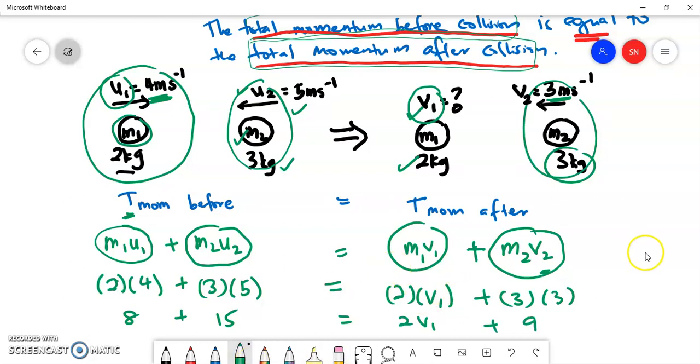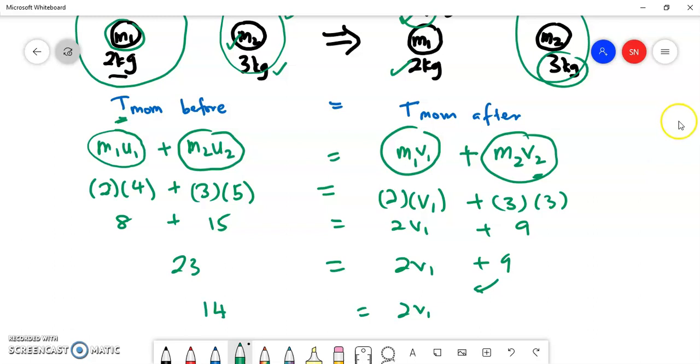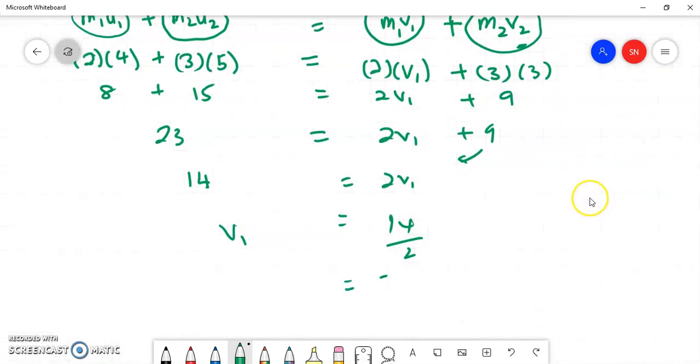Let's solve that. So 23 equals 2v1 plus 9. Shift 9 over, so we get 2v1 equal to 23 minus 9, which is 14. Then v1 will be 14 divided by 2, which is 7, in meter per second because it's velocity.